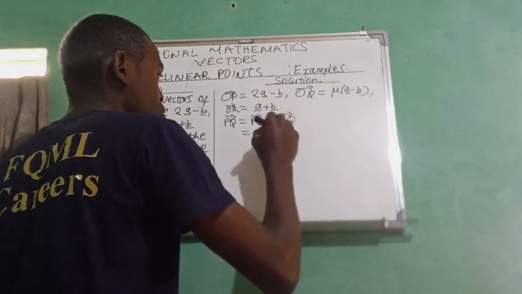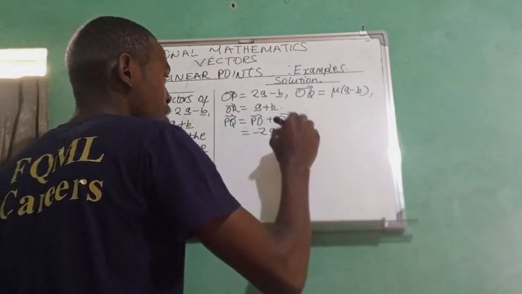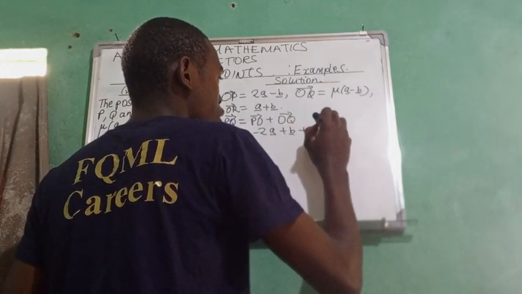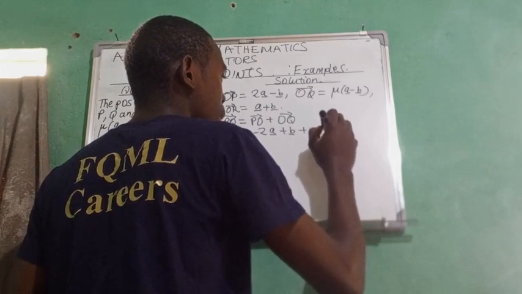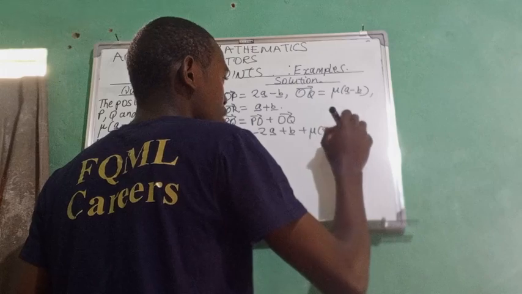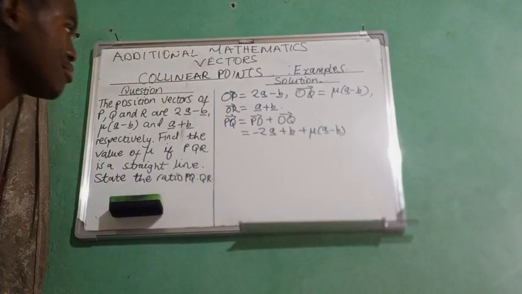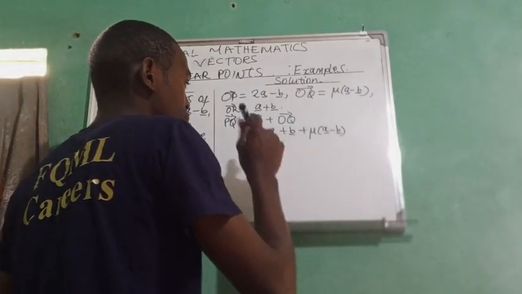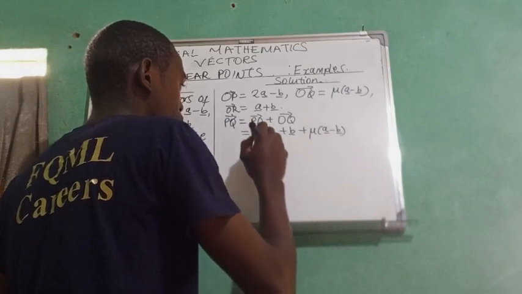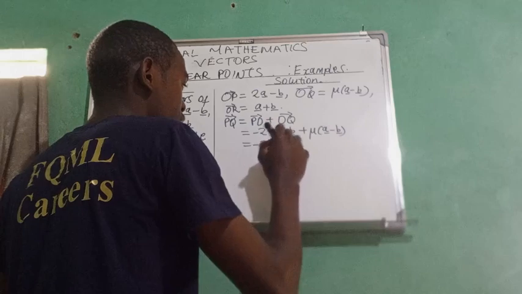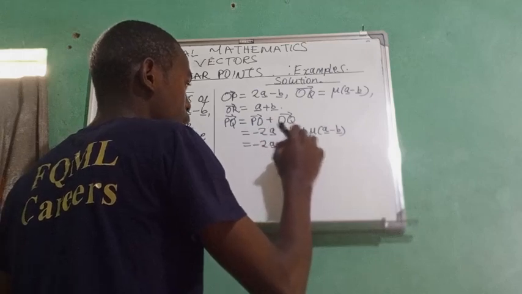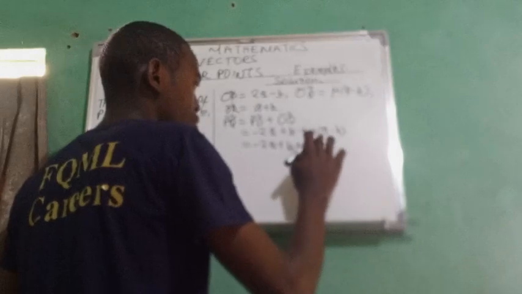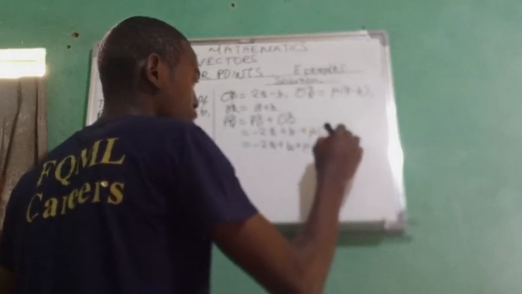It means minus 2 of vector A minus vector B, and then OQ is plus mu of vector A minus vector B. And then when we reach here, we just simplify. It would be equal to minus 2 of vector A plus vector B plus mu of vector A minus mu of vector B.